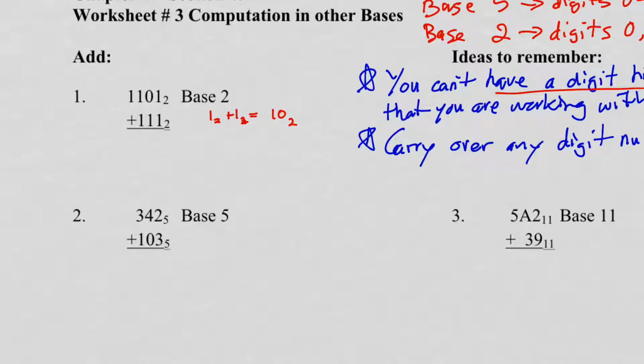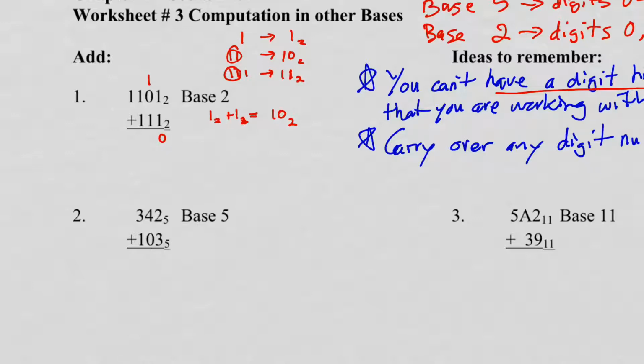Just like we did in class, 1 item is 1 in base 2. You have 2 items, you've got a set. You have 3 items, you have 1 set and 1 remaining. So our numeral is 10 in base 2. We put the 0 here and carry the 1.